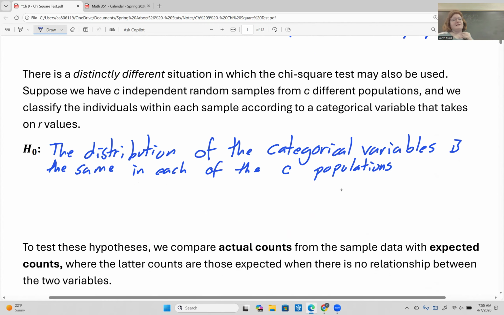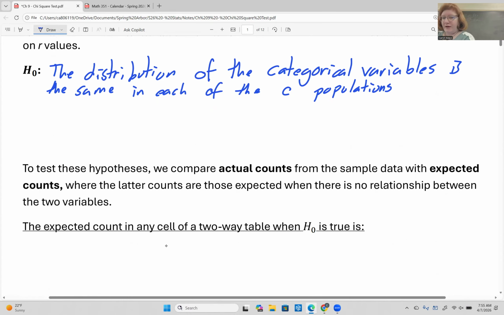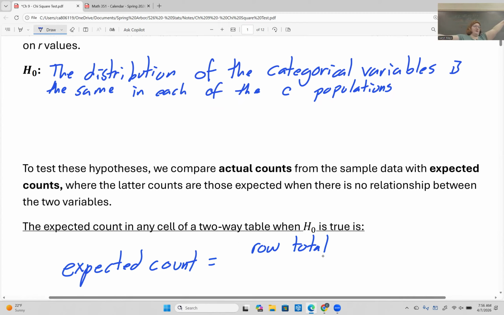So to test this hypothesis, we compare actual counts from the data with expected counts, where the expected counts are what are expected when there is no relationship. The expected count in any cell of the two-way table, we calculate by taking how many are in a given row, so the full set of first class passengers, times the column total.